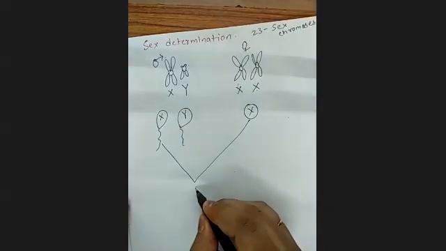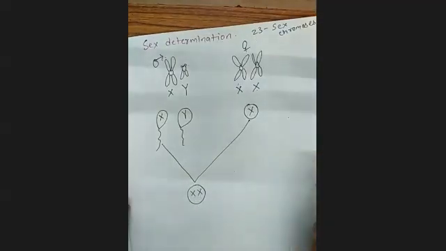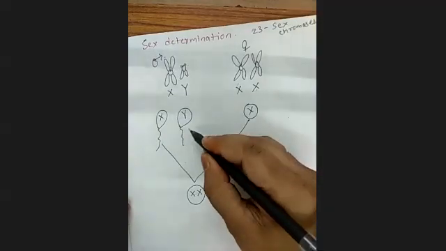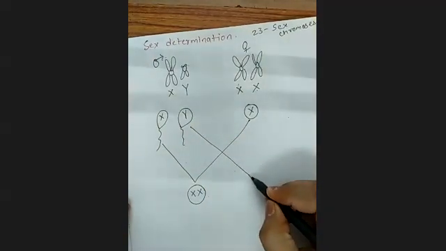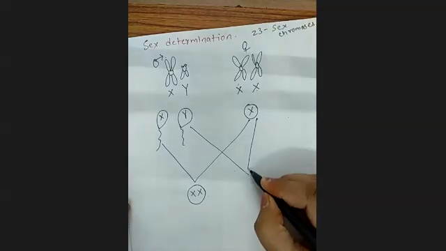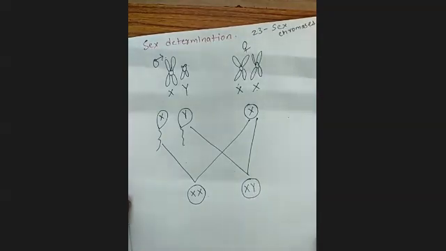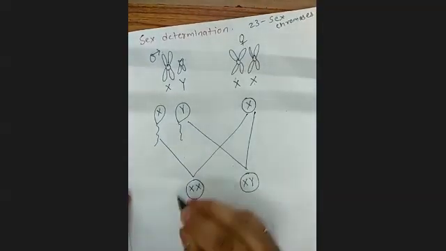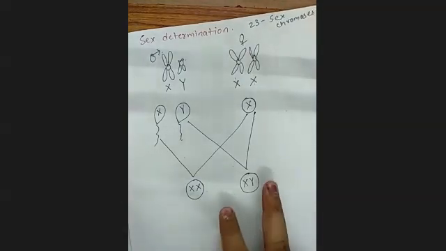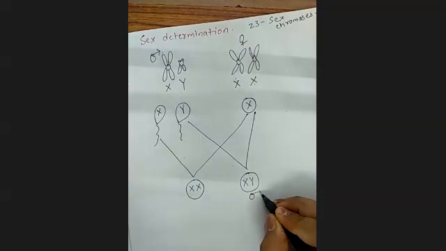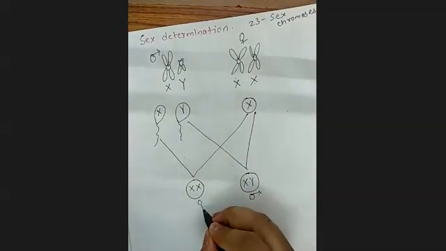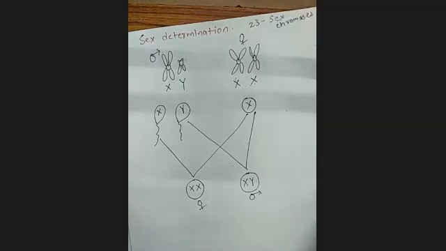That means the offspring you are obtaining now has this in the zygote. And if this type of sperm succeeds and combines with this type of egg, then the offspring obtains this. So there are only 2 possibilities. That means the kid can be a male or the kid can be a female. Understood this?